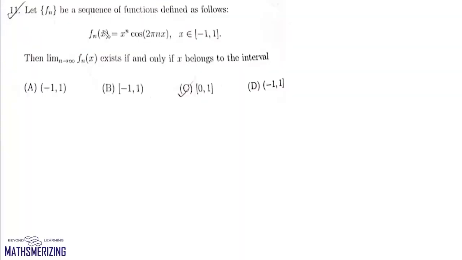Question number 11, we are given the sequence fn x equals x to the power n cos 2 pi nx when x belongs to minus 1 and plus 1. And we need to find this limit n tends to infinite fnx.